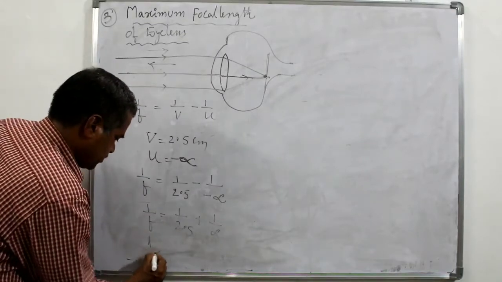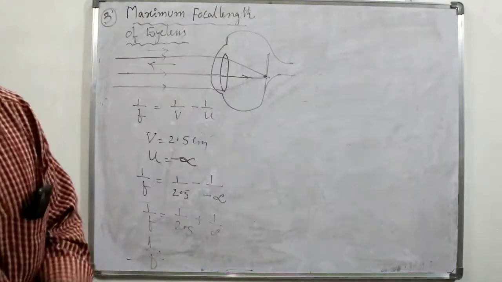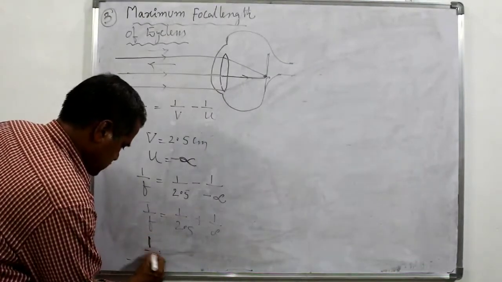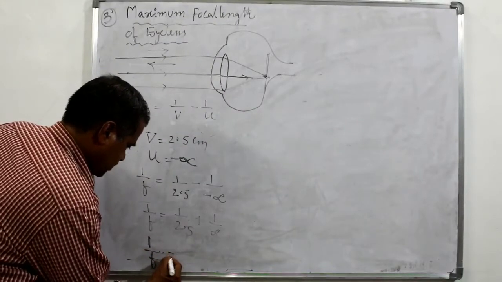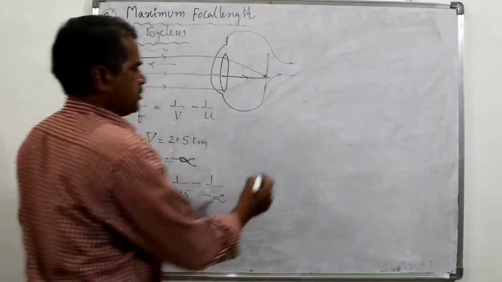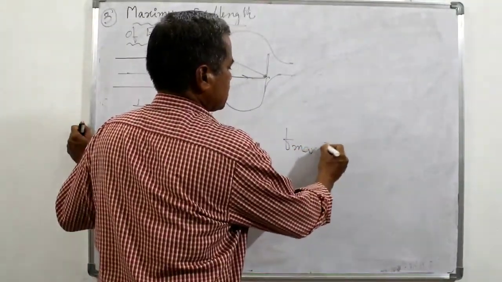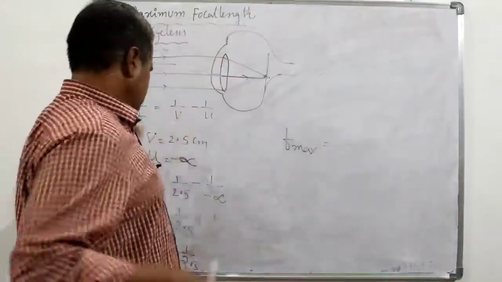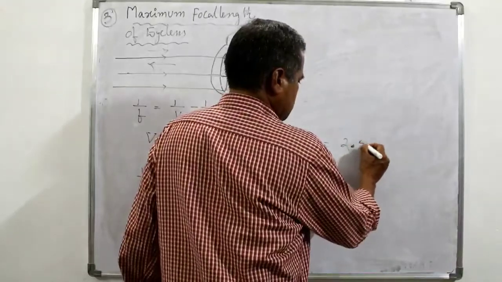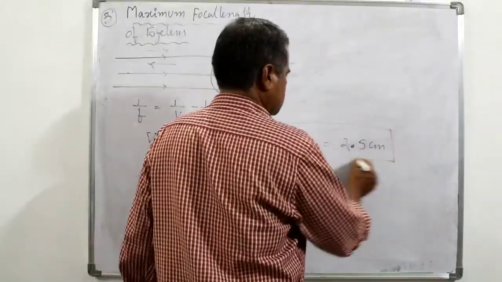So 1 by f is equal to 1 by 2.5. So f max, or the maximum focal length of the eye lens when we see objects at far distances, is equal to 2.5 centimeters. It is a constant value.